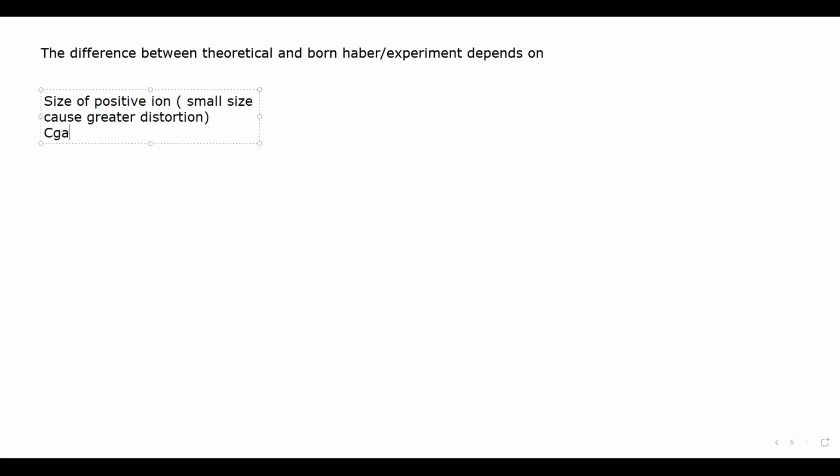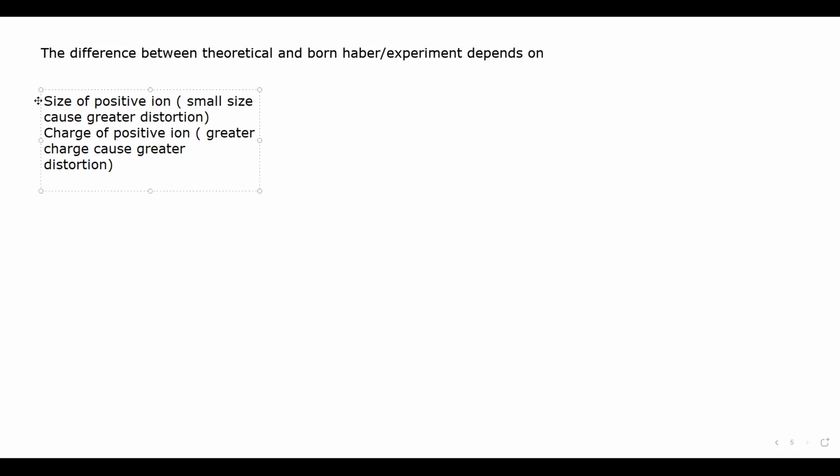Number two, the charge of the positive ion. The charge of the positive ion should be greater, it causes more distortion, and that leads to a greater difference in the theoretical and practical lattice energies.